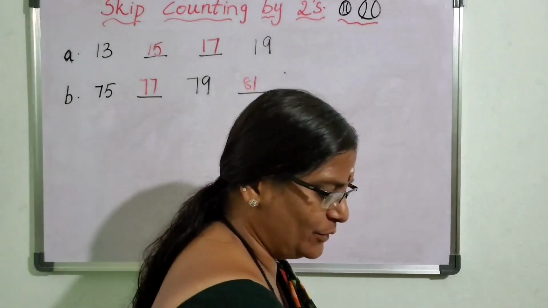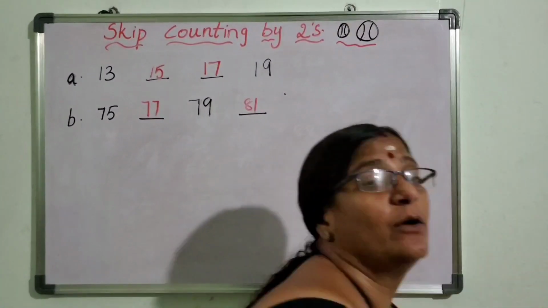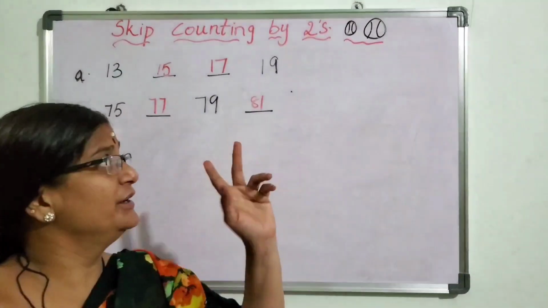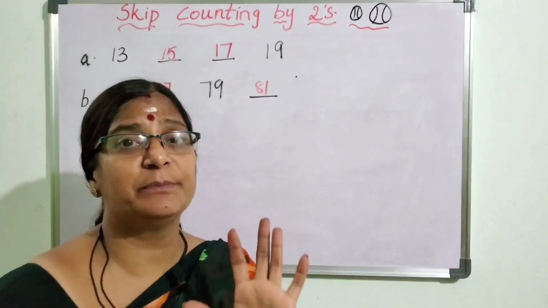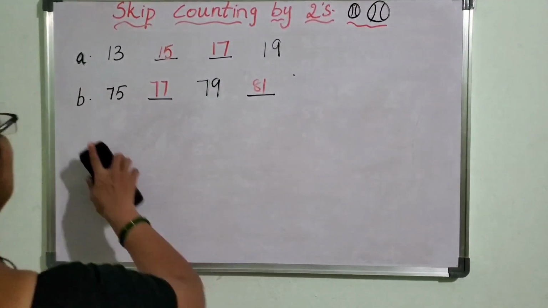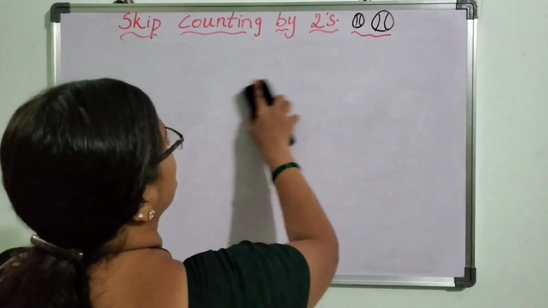Now, one more also we will learn, that is skip counting by fives. Already you learned in your UKG, count by fives.